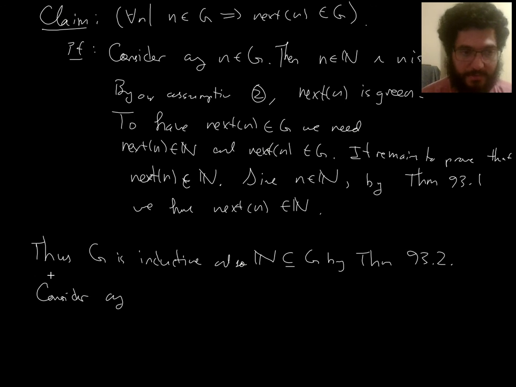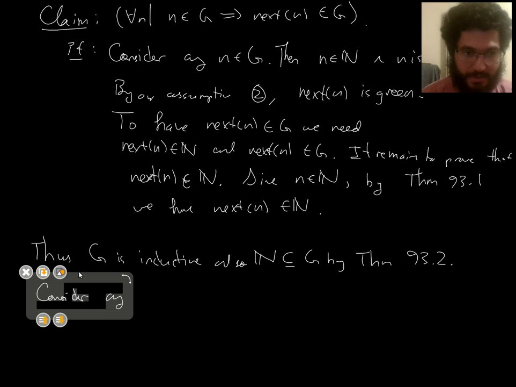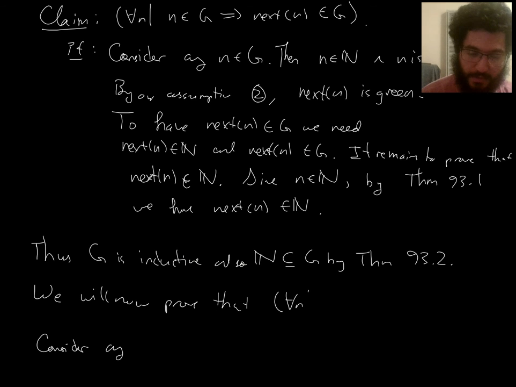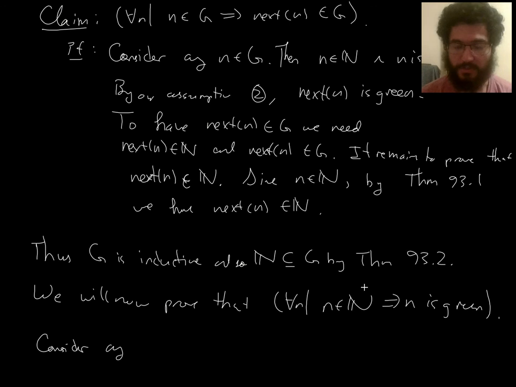Let me say why I'm doing this. We will now prove the ultimate goal, which is that for all n, if n is a natural number, then n is green. That was the ultimate goal, right?